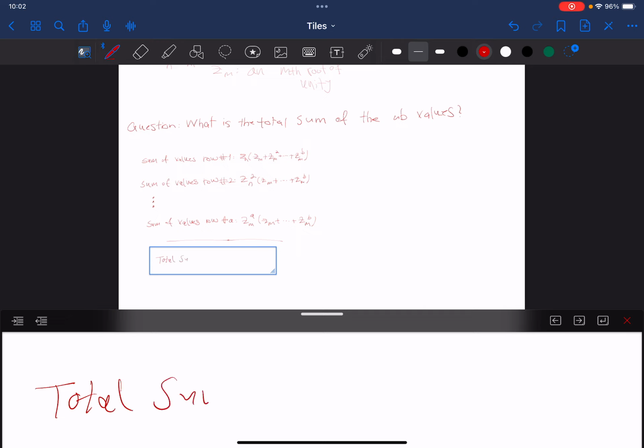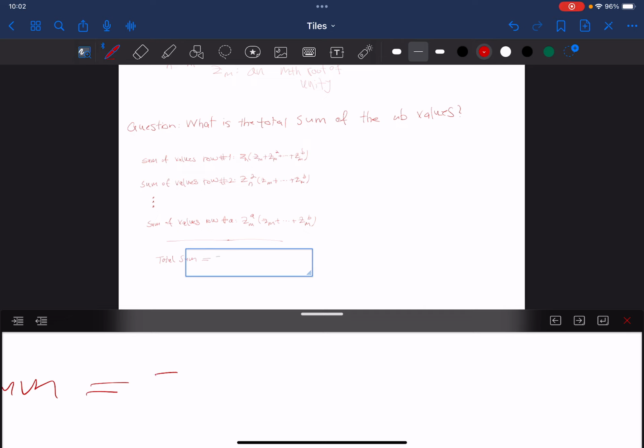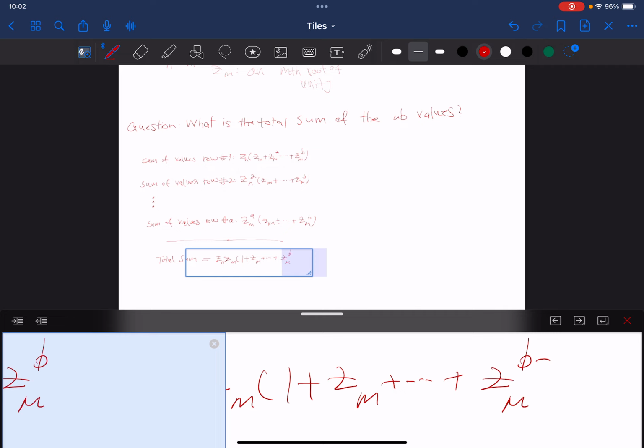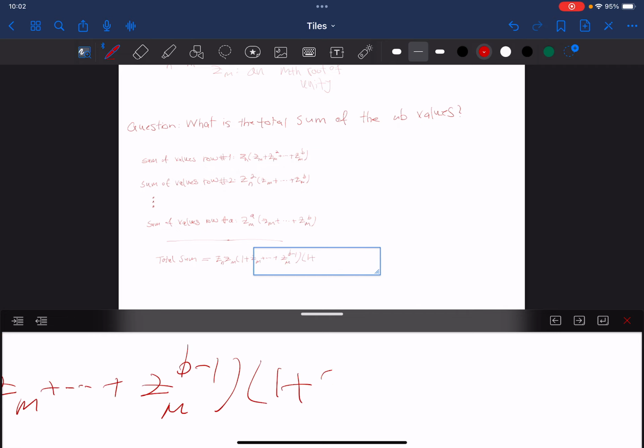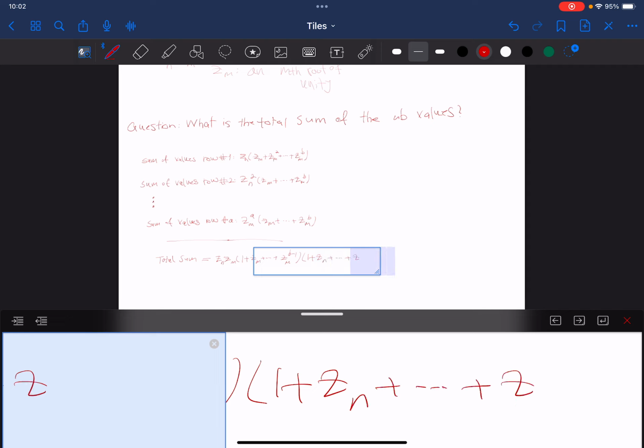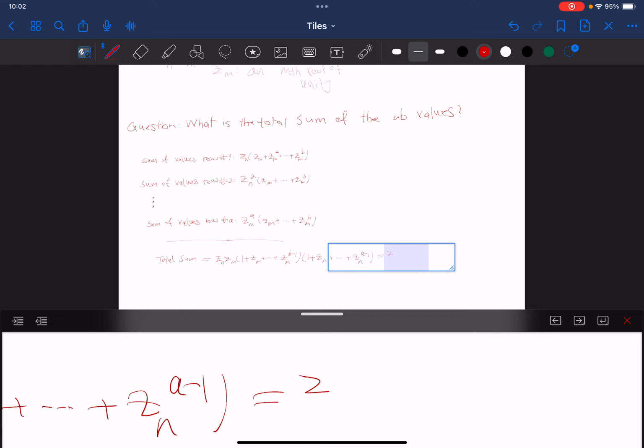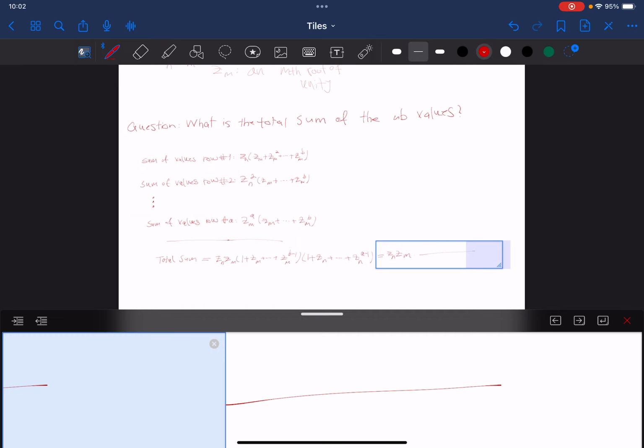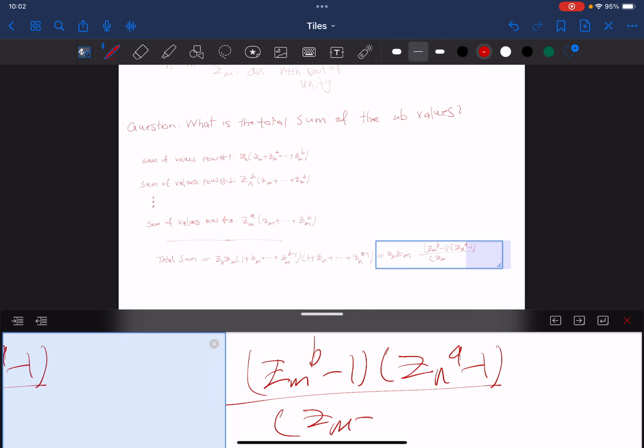Total sum is equal to Zn times Zm times fraction here, Zm to the power b minus 1, Zn to the power a minus 1, divided by Zm minus 1, Zn minus 1.